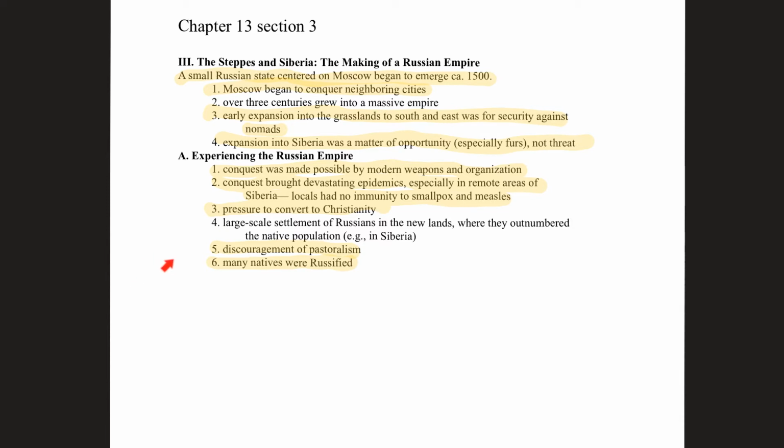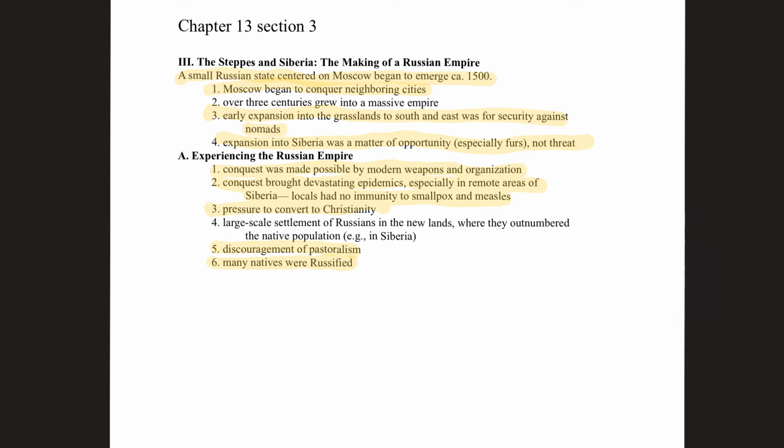I don't care if you go on this side or over here on the right, but you want to put down here for Russified that this is forced adoption of Russian language, culture, religion, and traditions.